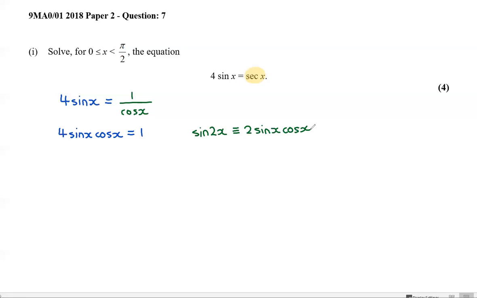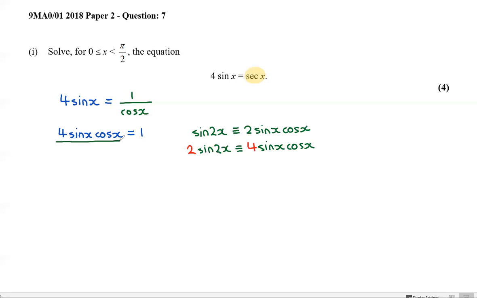Now, if I double this trig identity on both sides, I'm going to get 2 lots of sine 2x, and that's going to be identical to 4 multiplied by sine x cos x, which is exactly what I've got here.